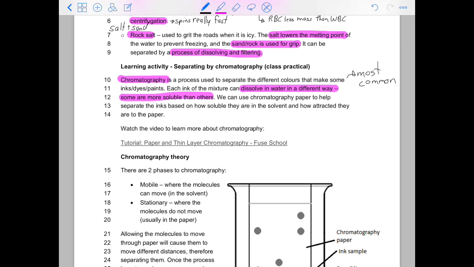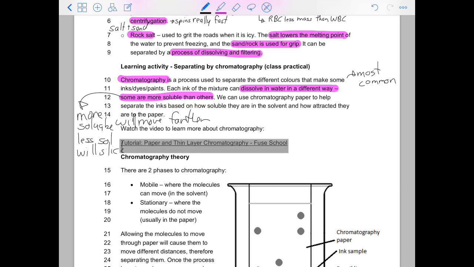So in chromatography, the more soluble ones will move farther, and the less soluble will stick to the paper. So it depends on how attracted they are to the water.